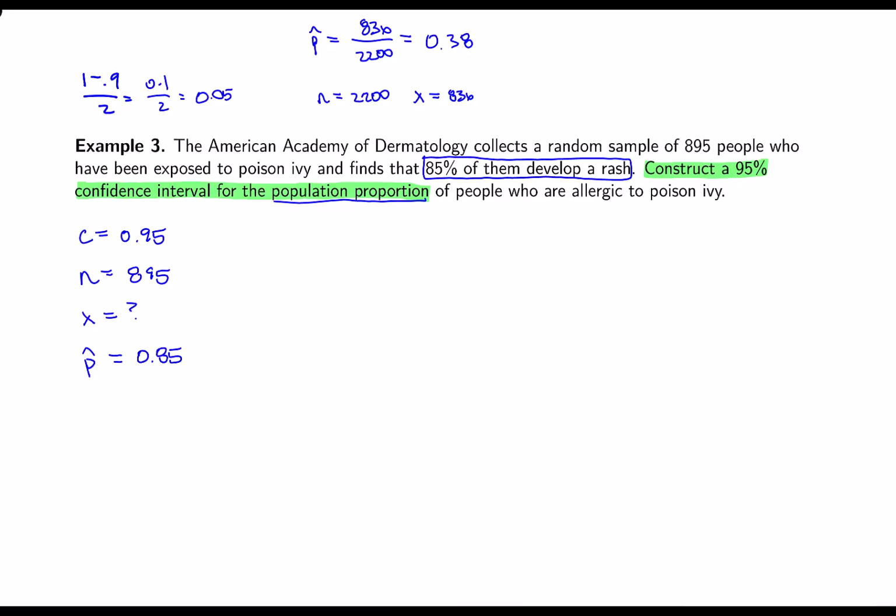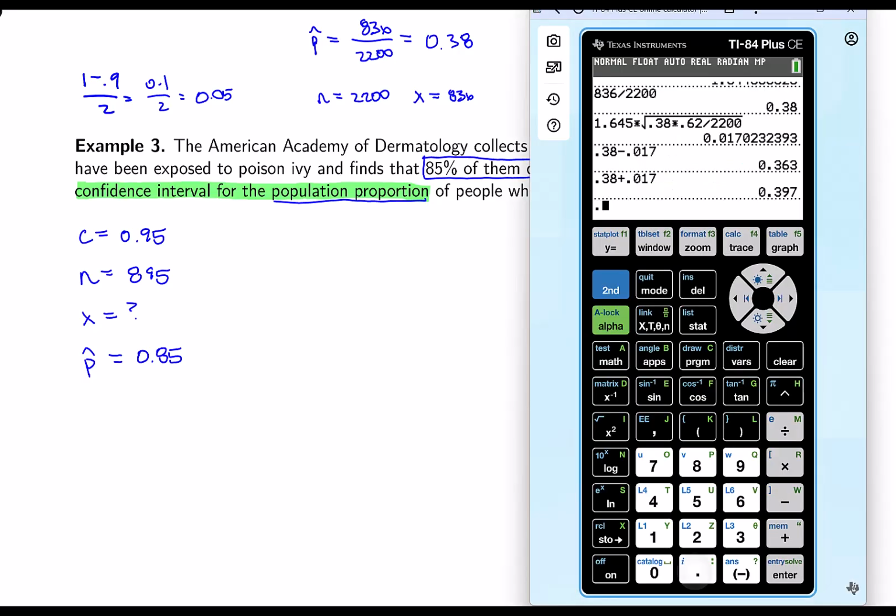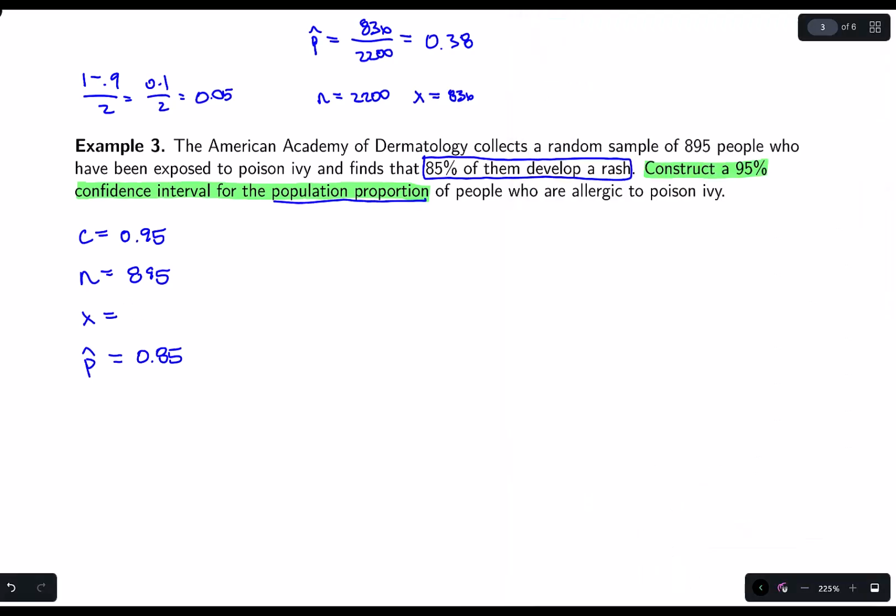And if we wanted to figure out what x is, if 85% of our sample developed a rash, then 85% of 895 is effectively 760, we'll just say 760.75 for right now, because we might need to round later on. If we do, we can, but we may not need to round. It just depends on where we plug stuff into the formulas.